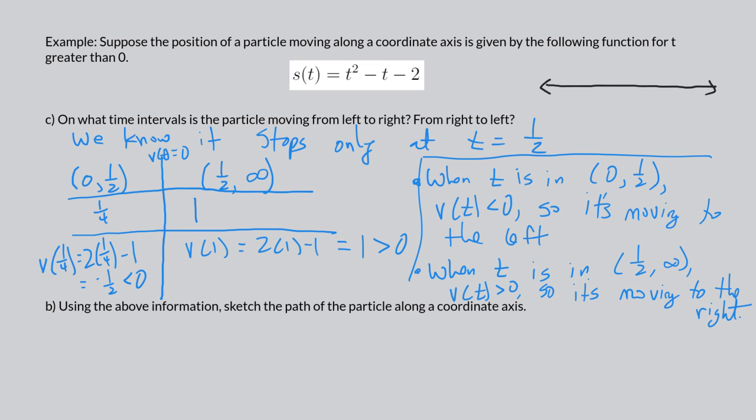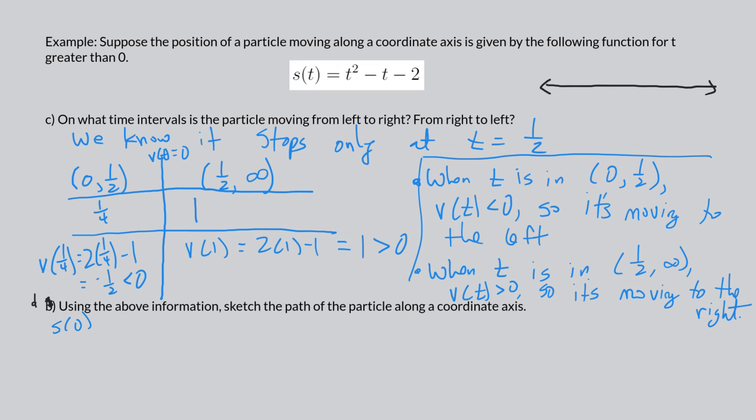And the last part, and I just noticed that this is labeled B, but of course that should be a D, wants us to use this above information to sketch the path of the particle along a coordinate axis. Okay, so to do that, the first thing we need to know is, where does the particle start? So that will be at s of 0.